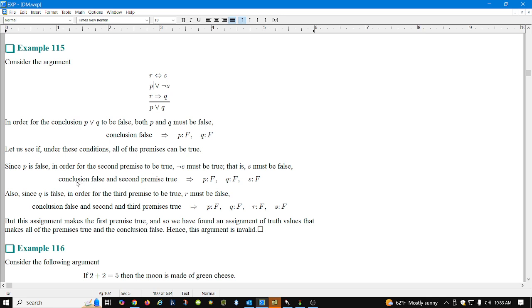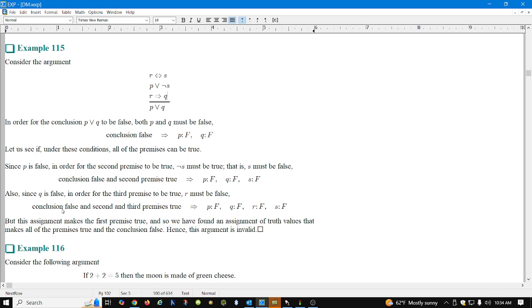Okay, so we're up to this point here. And now we know something about P, Q, and S. So at least we know something about Q here. Q is false. Okay. So in order for this premise to be true, R has to be false, because true implies false is a no-go.